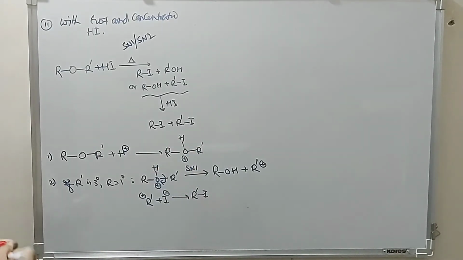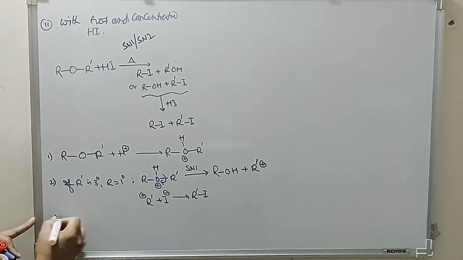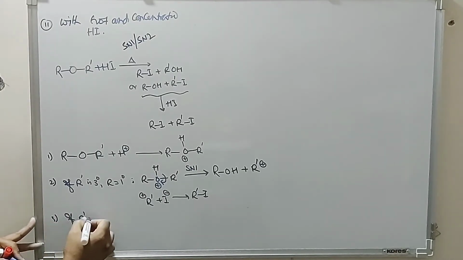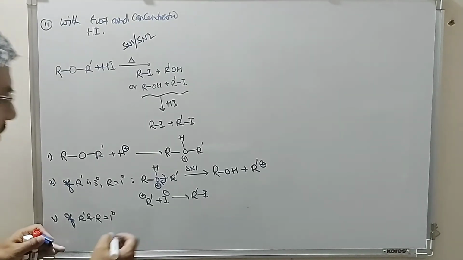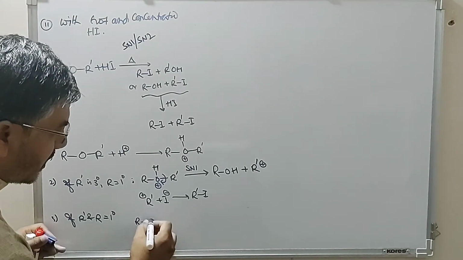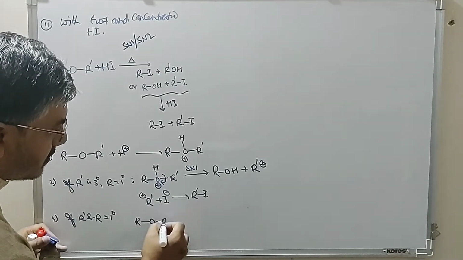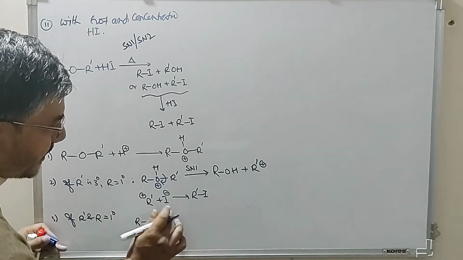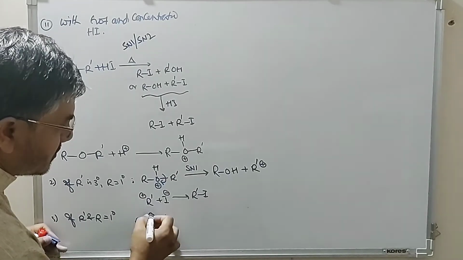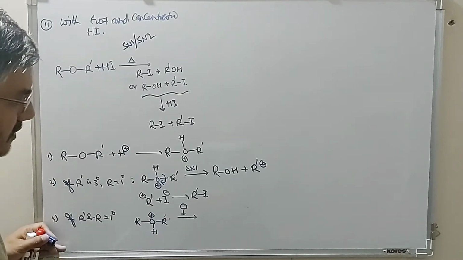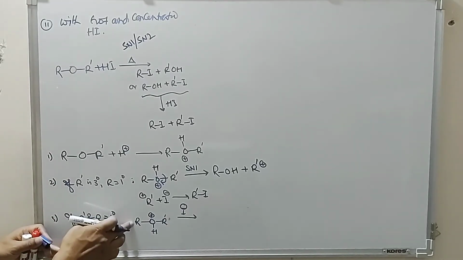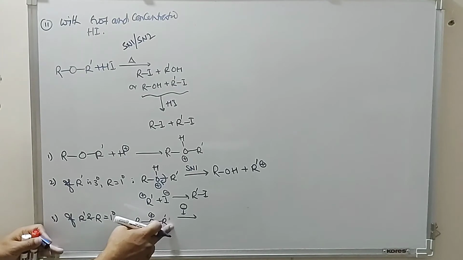But if R and R prime both are primary, then the reaction will follow SN2. So we have this R prime with a positive charge on oxygen. This reacts with I minus, so this will undergo either attack from R or attack from R prime.